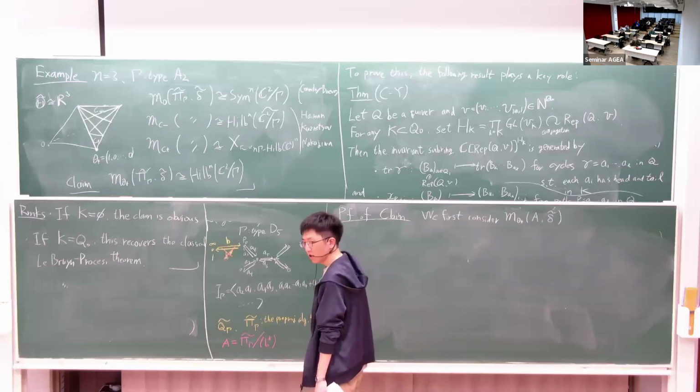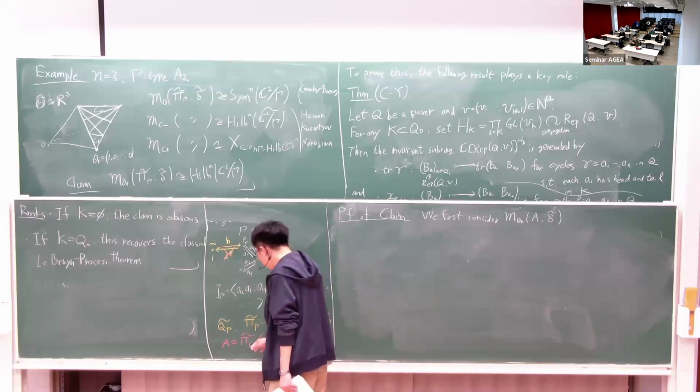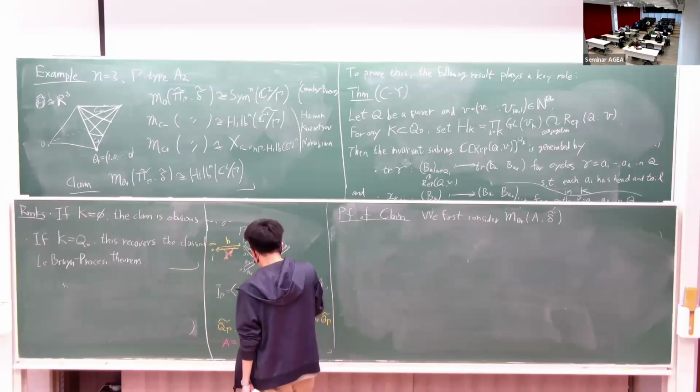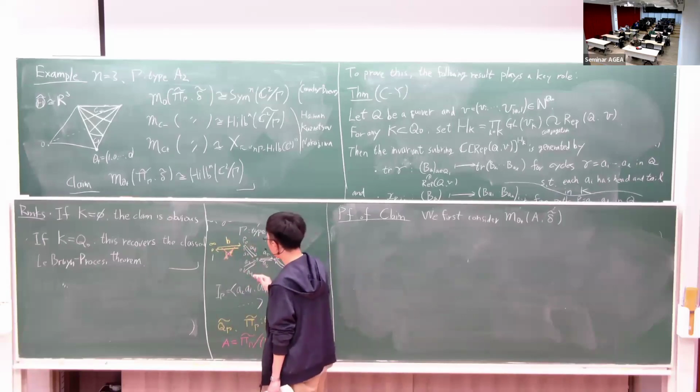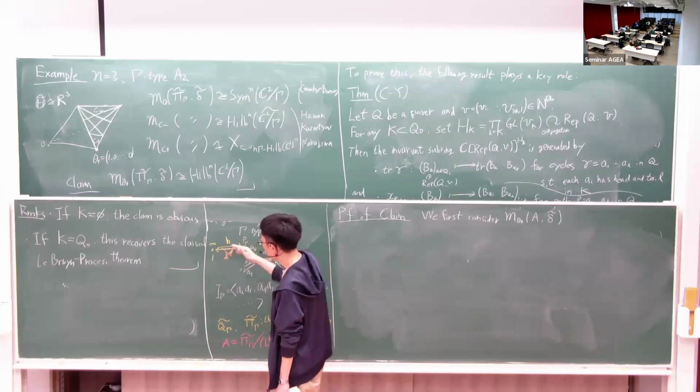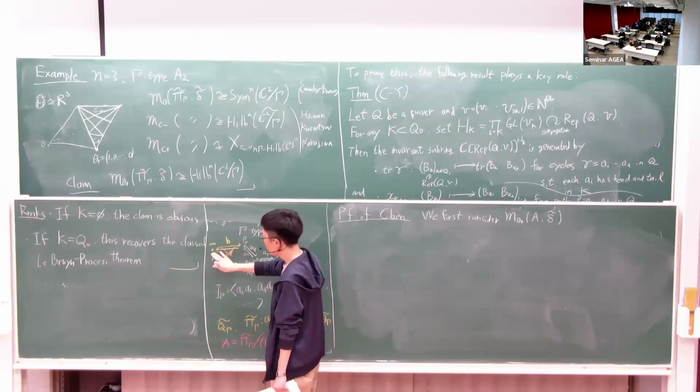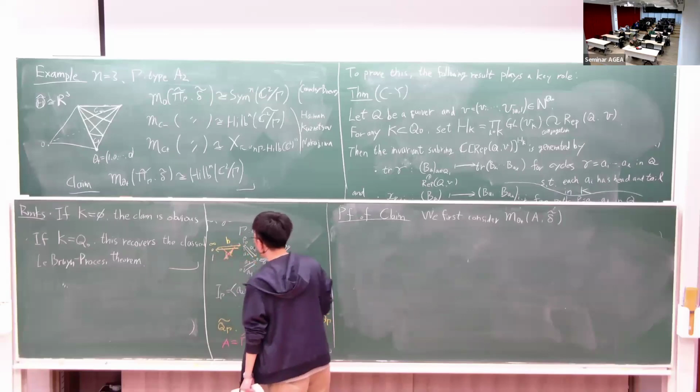The reason why we introduce this algebra is to consider cycles only involving the right-hand side. If we have these arrows here, this infinite vertex is also involved.